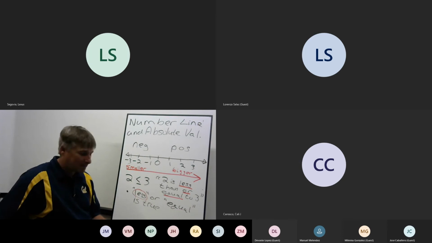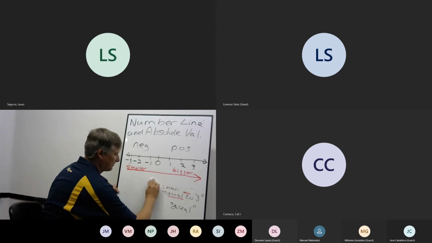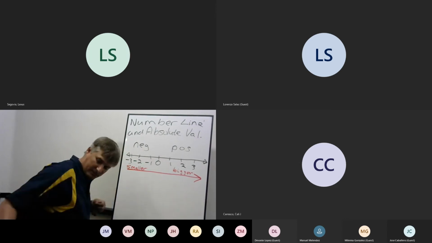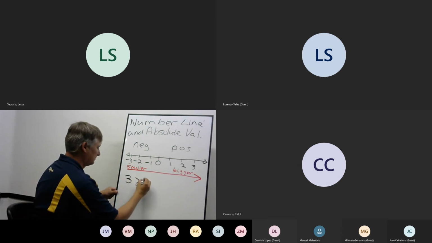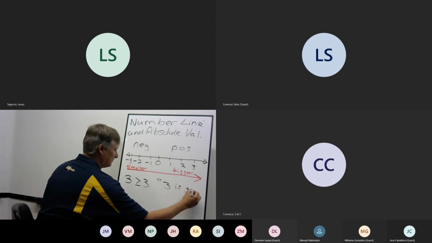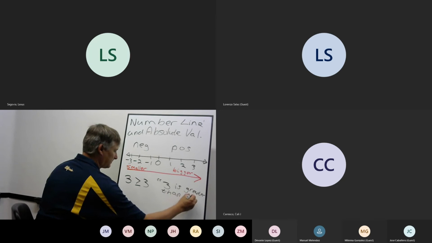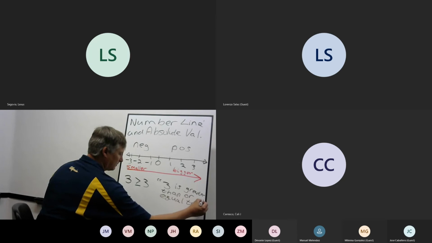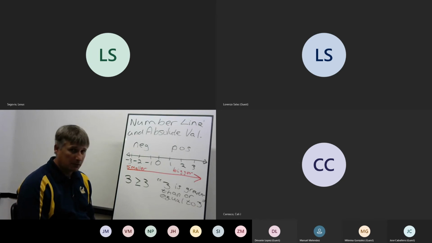Now let's change it up a bit. So 3 is greater than or equal to 3.